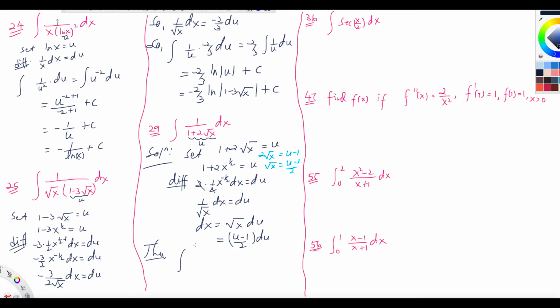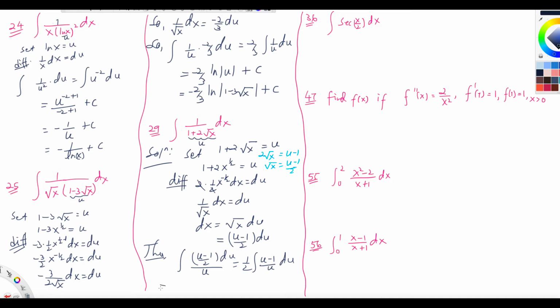So the integral can be written with dx as u minus 1 over 2 du, and then the denominator is u. Let me pull that 2 out: 1/2 integral of u minus 1 over u du.